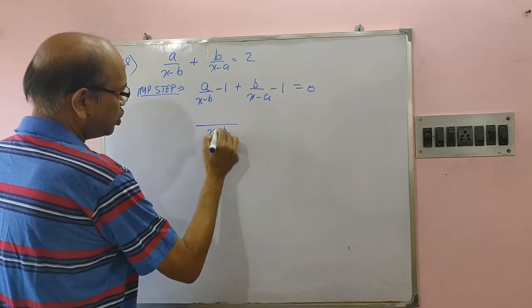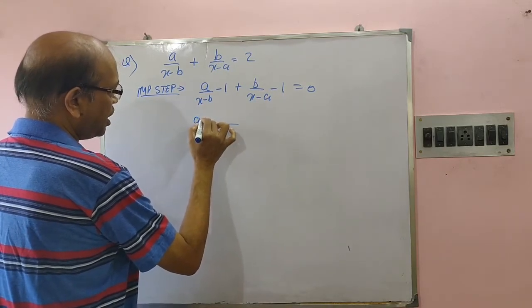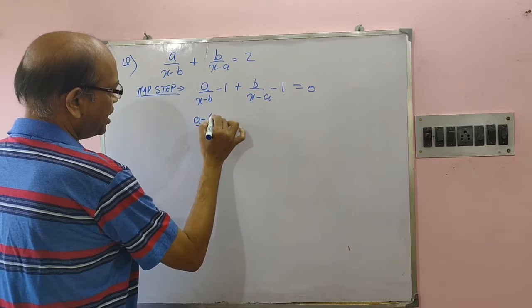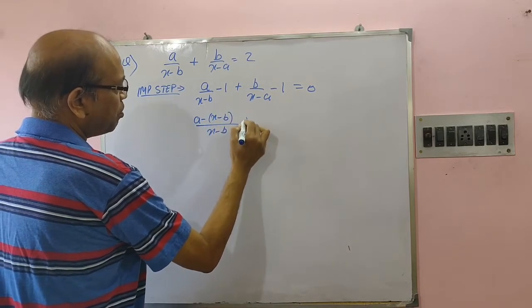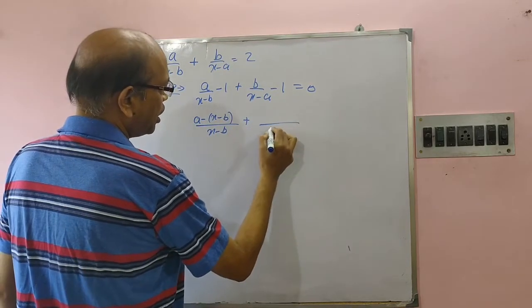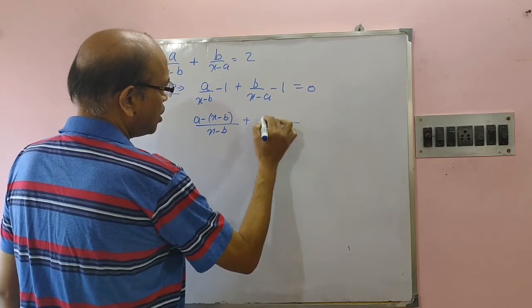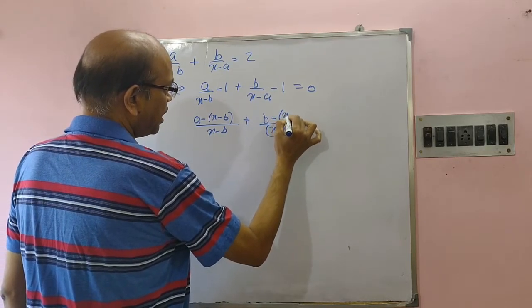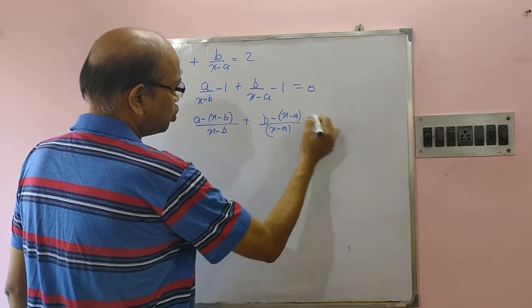Here x minus b, so this becomes a minus x minus b plus x minus a, here b minus x minus a equals 0.